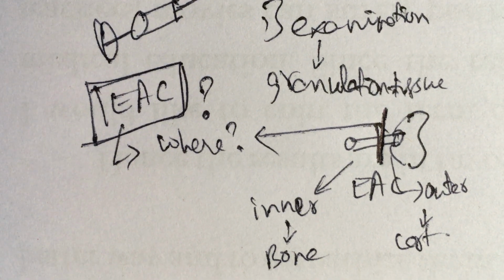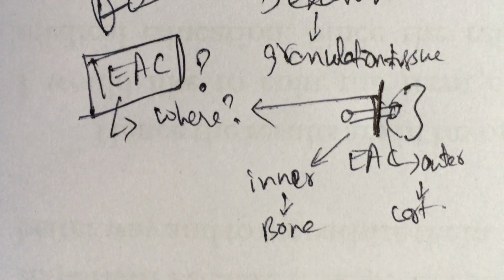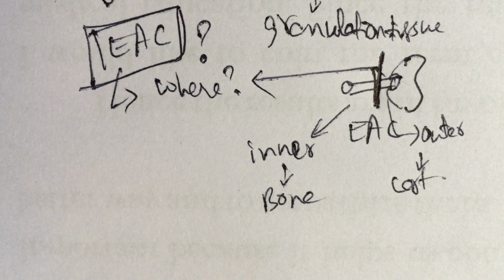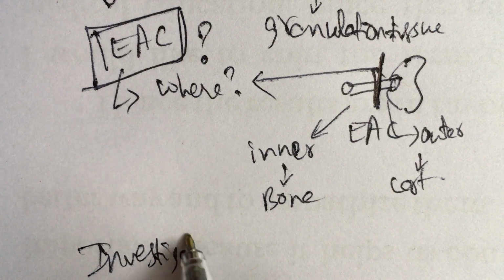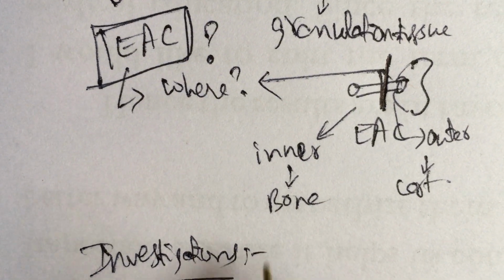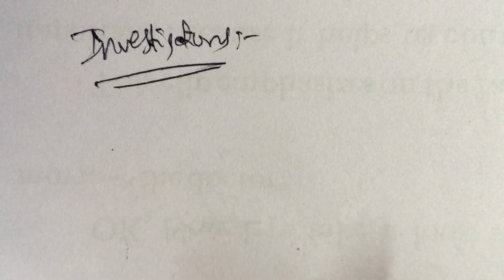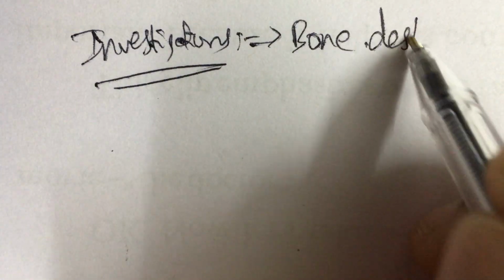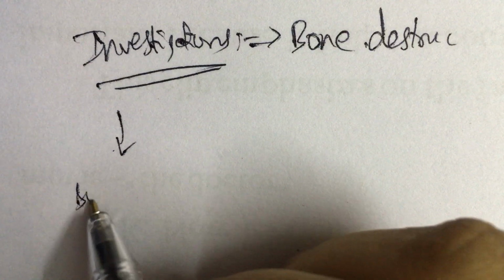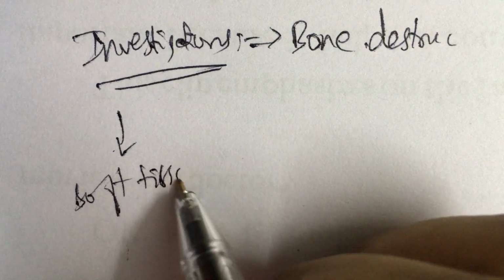So after making a clinical diagnosis, what are we supposed to do? How are we supposed to investigate the patient? Investigations are also done. The set of investigations will aim at locating how much bone destruction or how much soft tissue destruction has occurred.